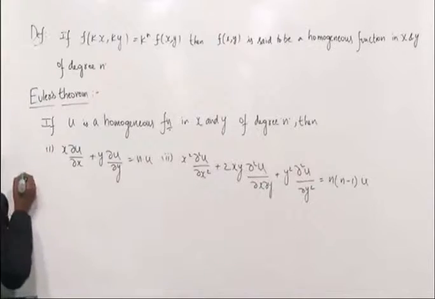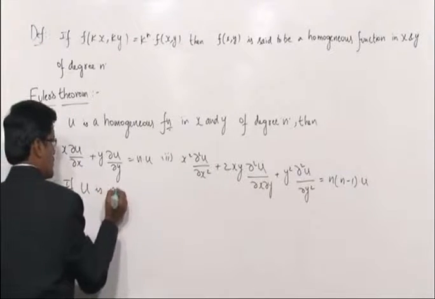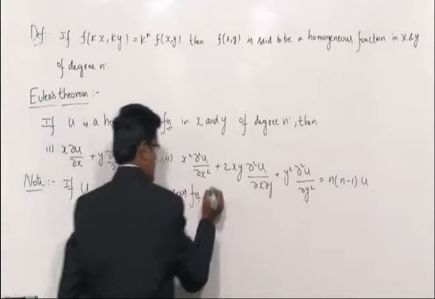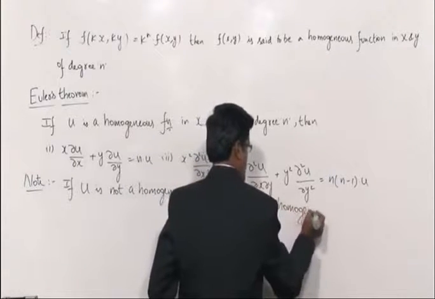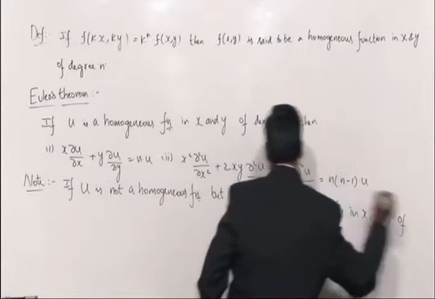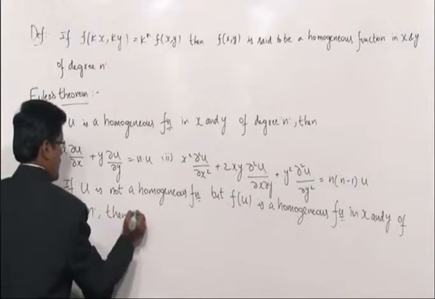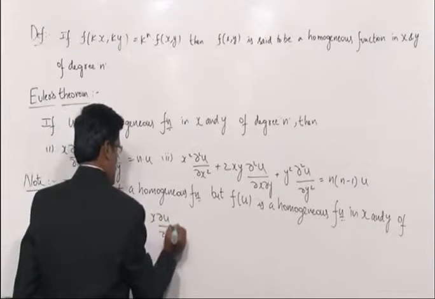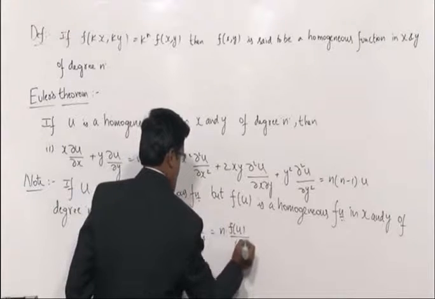Okay, note, if in some problems u is not a homogeneous function in the given variables, but f of u is a homogeneous function in x and y of degree n, then the above first two results are written as, that means becomes x del u by del x plus y del u by del y is equal to n into f of u divided by f dash u.